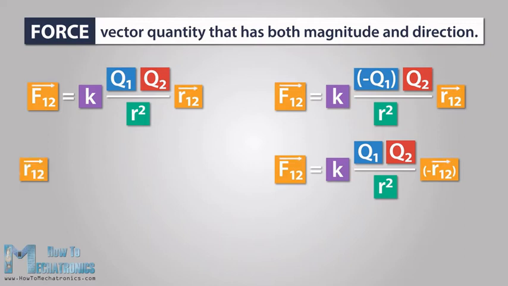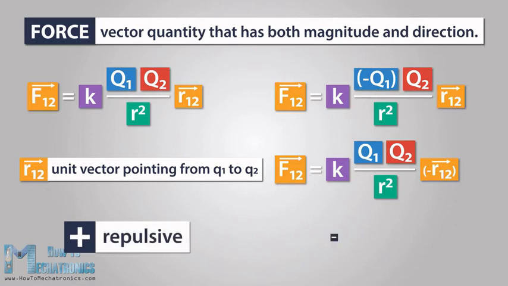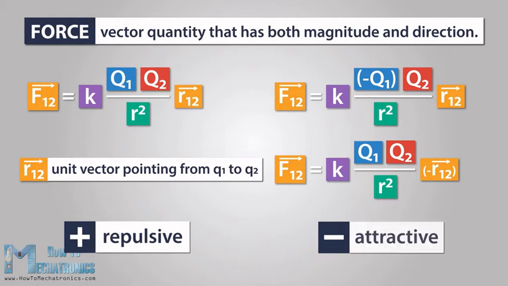This hat sign means that this is a unit vector pointing from Q1 to Q2, and the index 1, 2 means that Q1 exerts force onto Q2. If we get a positive value, it means that the direction of the force is repulsive. On the other side, the minus sign means that the direction of the force is opposite, or attractive.